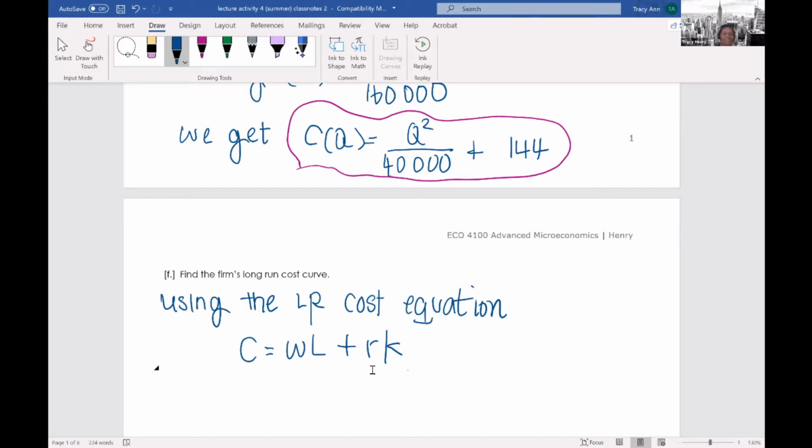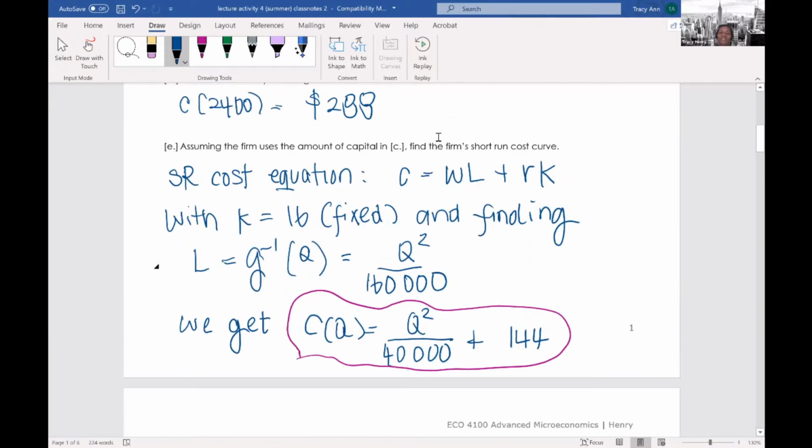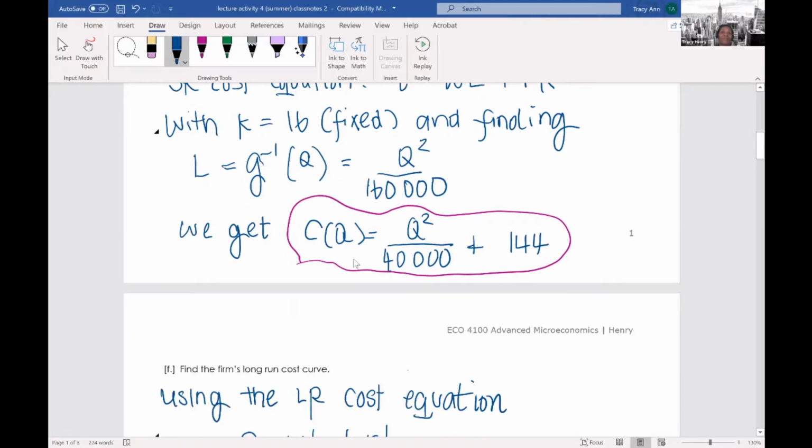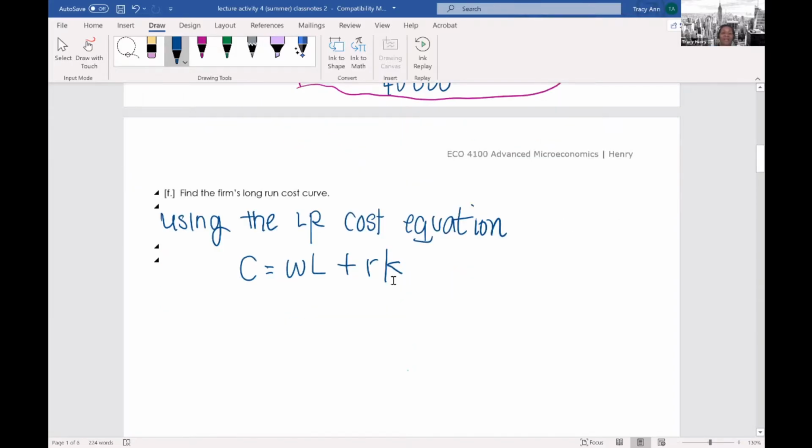The only difference here is that when we were trying to find the short run cost curve, in the short run, capital is fixed at 16. Here in the long run, capital is equal to 4/9 of L. In other words, in the long run, you can find your level of capital based on the expansion path.